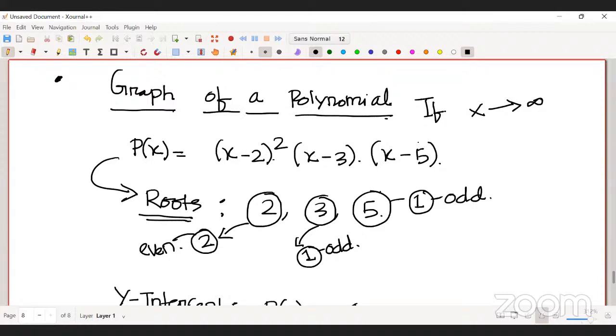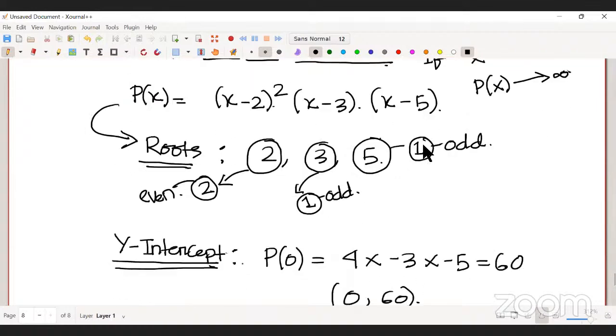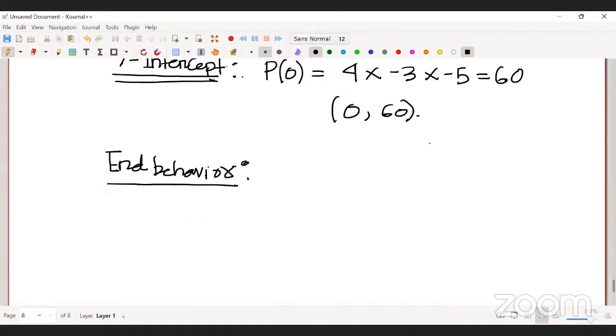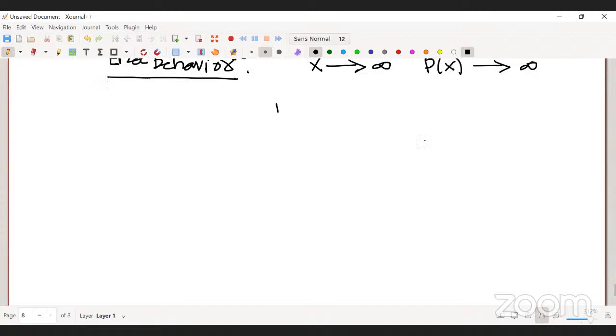So if x tends to infinity, then p of x also tends to infinity. Now we can easily compute the graph. So now I can easily draw the graph of this polynomial.